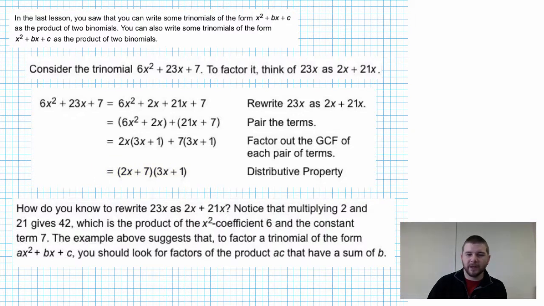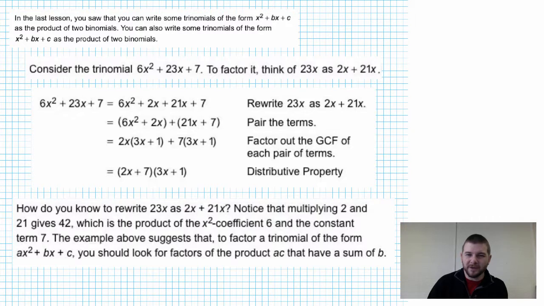So I said earlier we'd learn why 2x plus 21x. Well, here's the thing to notice. 2 times 21 is 42. Considering our original trinomial, note that our value for a, our leading coefficient, that's also the coefficient of x squared, and our value for c, our constant in this trinomial, 7, 6 times 7 is also 42.